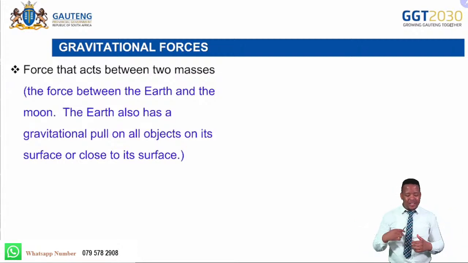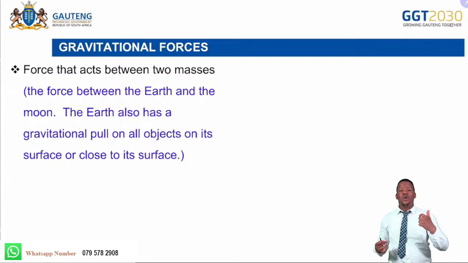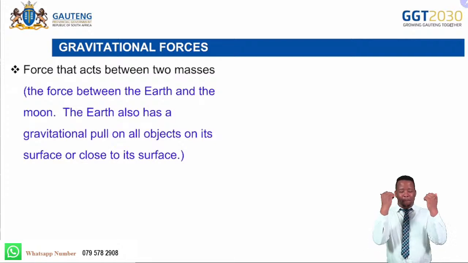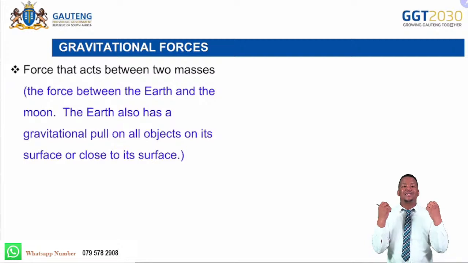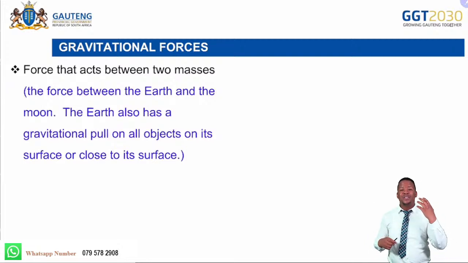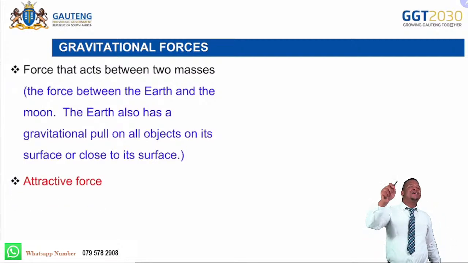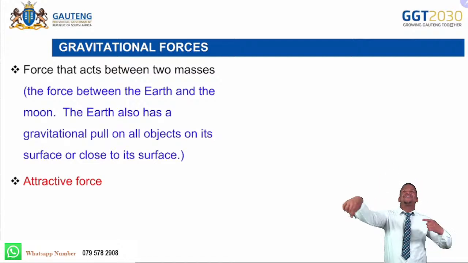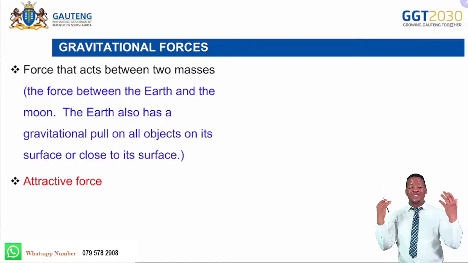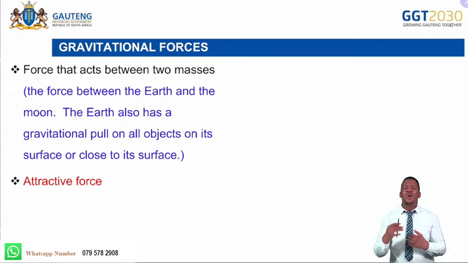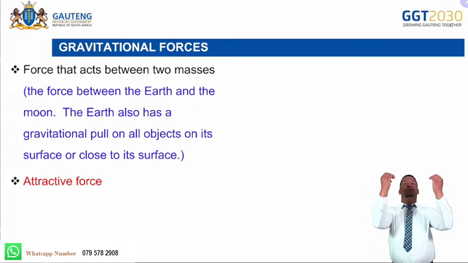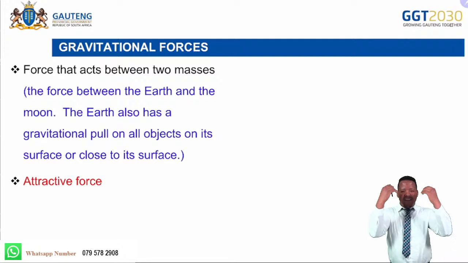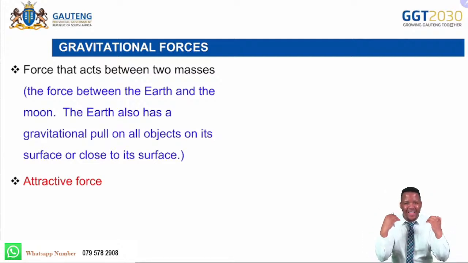The force between the Earth and the Moon is also considered a gravitational force. The Earth also has a gravitational pull on all objects close to its surface. And the force of gravity is called an attractive force. Why? Because it pulls every object towards the center of the Earth.